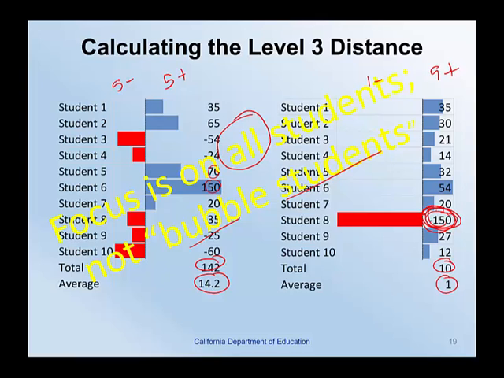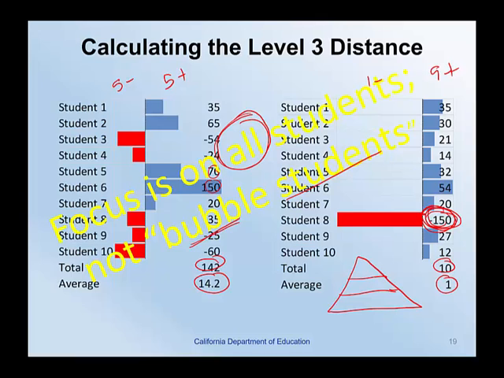Now, since the way this indicator is built, the focus is really on all students. So you want to make sure all students are receiving a high quality education, and that really is just like your RTI triangle. It's just that when we take a look at some bubble students, we're giving some extra attention for those. And again, that does work well with the other reporting that you do with CAASPP scores.